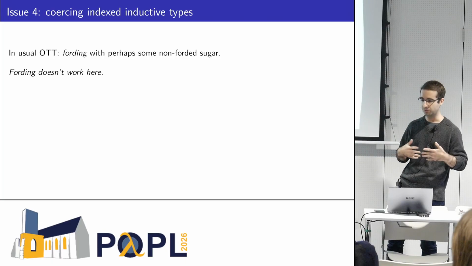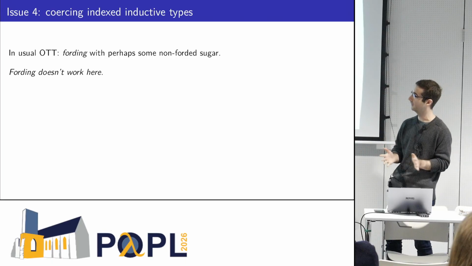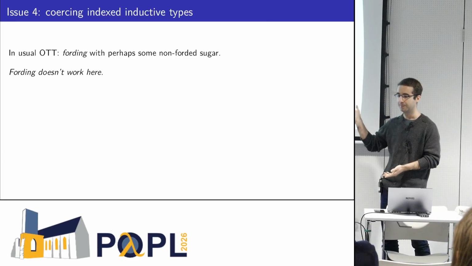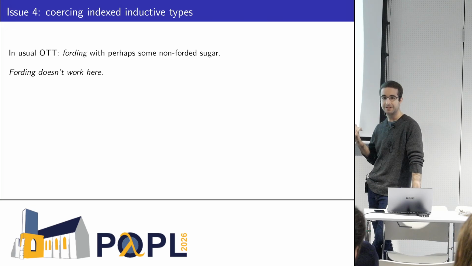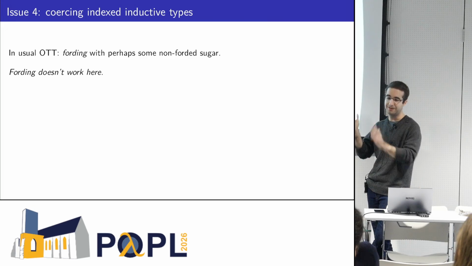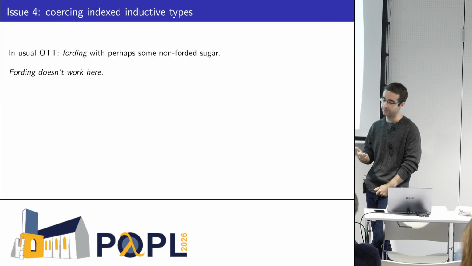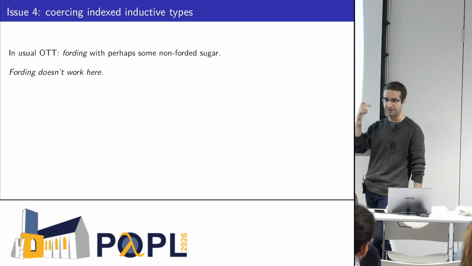Just present some sugar which is not forwarded, but internally you just forward everything. But it doesn't work here, because equations are definitional, and they are in the meta theory, or in some kind of outer layer of this partial core. And you cannot put them into actual inductive constructors, because actual inductive constructors live in your real core theory, and this is just definitional equality in some kind of meta theory.